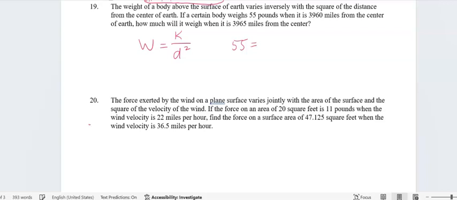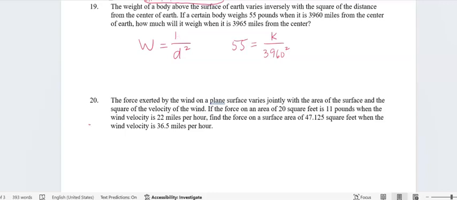And when it is 3,960 miles from the center of the Earth, so we're going to let these numbers help us identify what to use for k, and then we'll be able to answer the weight question. So go to your calculator, and we're just going to do 55 times 3,960 squared, and that is 862,488.